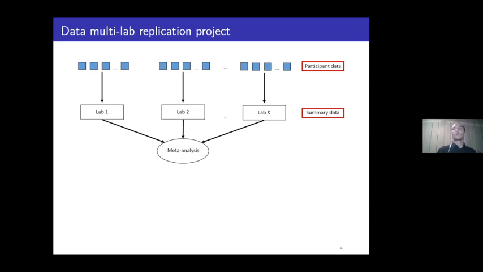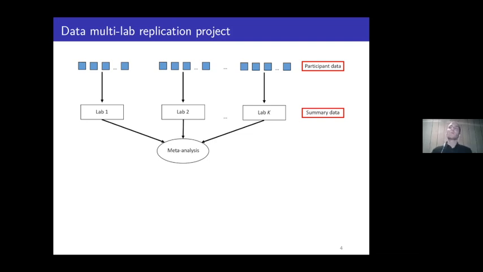This is also the way you would usually do it in a regular meta-analysis, where of course you do not have information about the participant data. You only have the summary data, and this is the data you can use. But in multi-lab replication projects, you also have the participant data because you collected the data yourself.